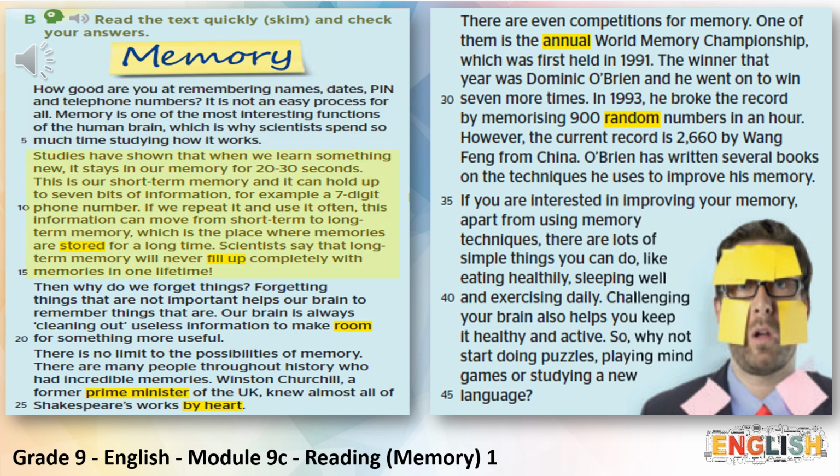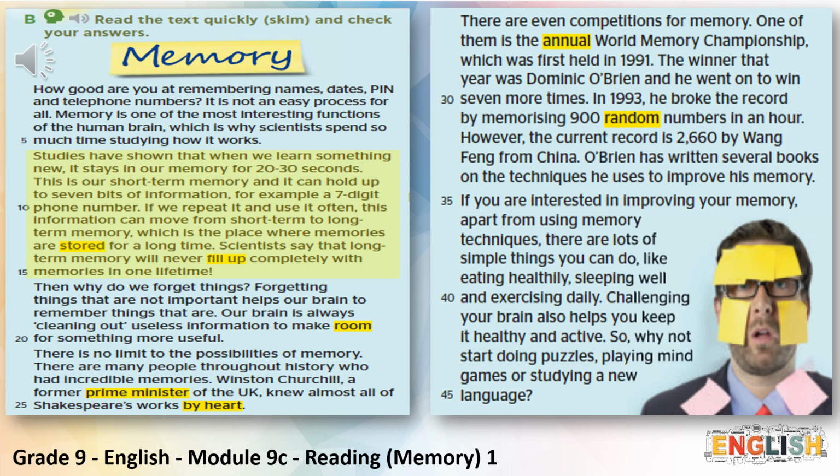Studies have shown that when we learn something new, it stays in our memory for 20 to 30 seconds. This is our short-term memory, and it can hold up to 7 bits of information, for example, a 7-digit phone number. If we repeat it and use it often, this information can move from short-term to long-term memory, which is the place where memories are stored for a long time.